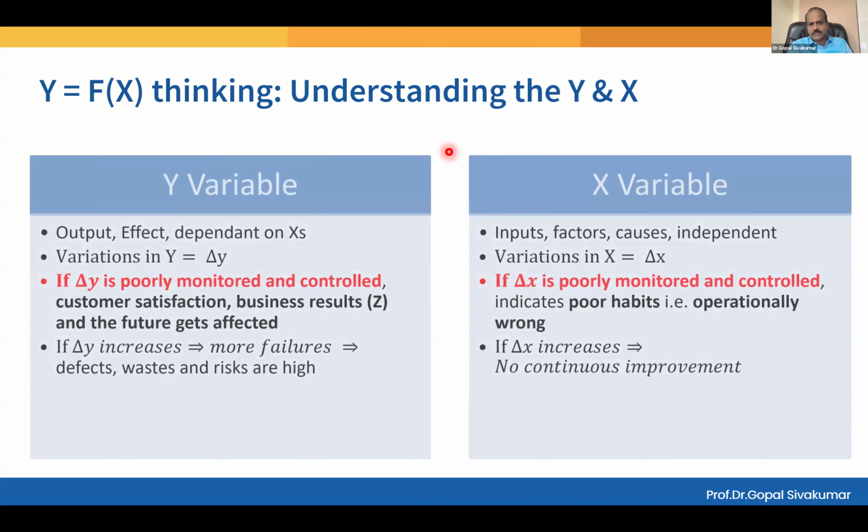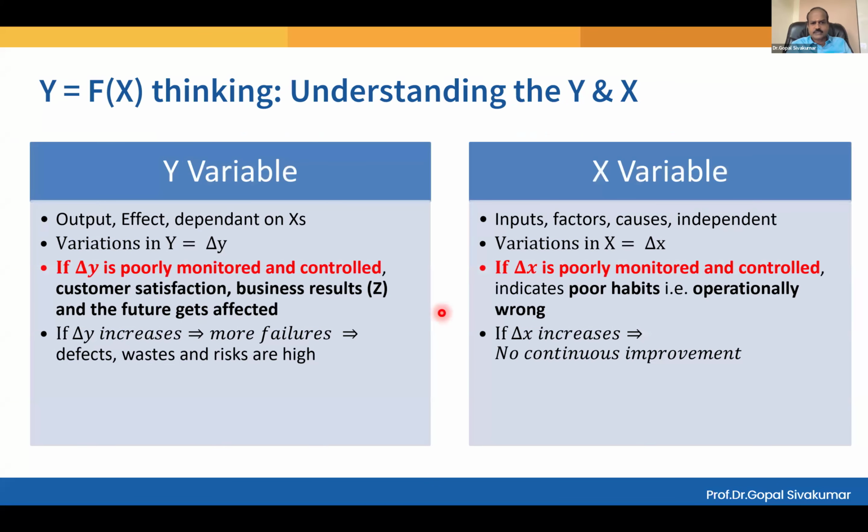See here, y variable and x variable, the terminologies are described here. Y means output. Y is referred to as the effect, and Y is a dependent variable. Why do I call it a dependent variable? Because it depends on the X variable. Coming to the other side, X means input. You can call it a factor.